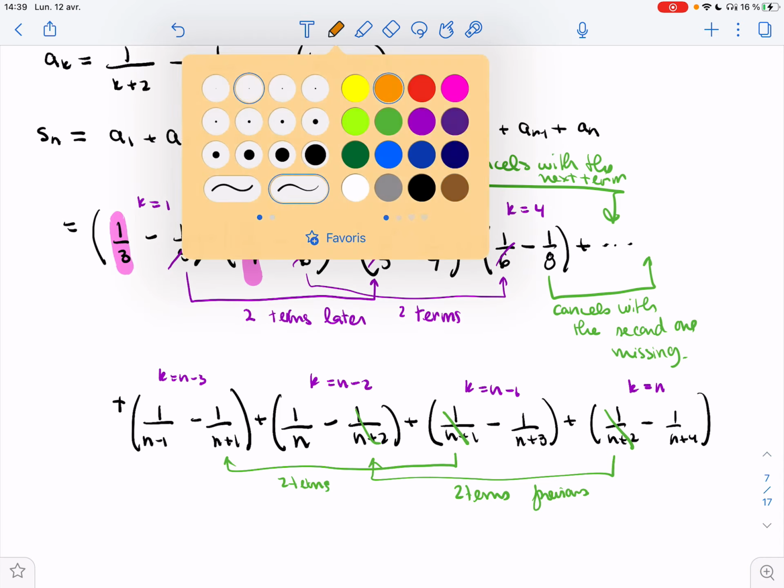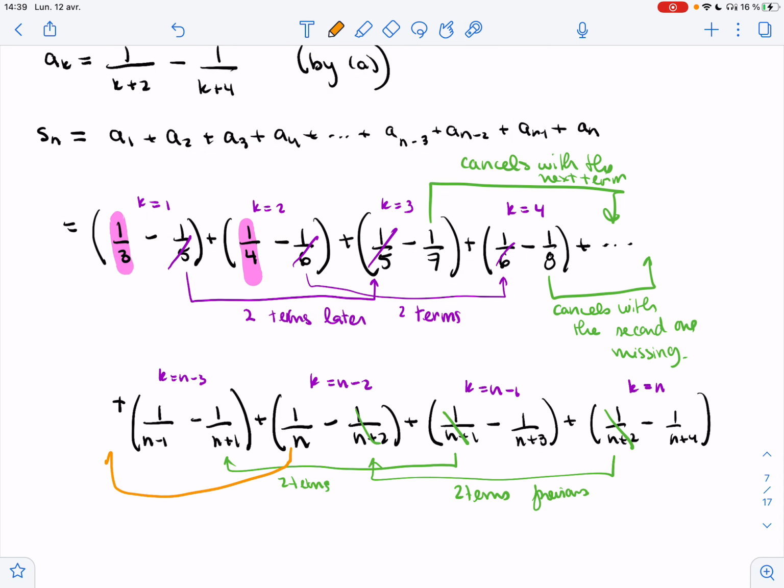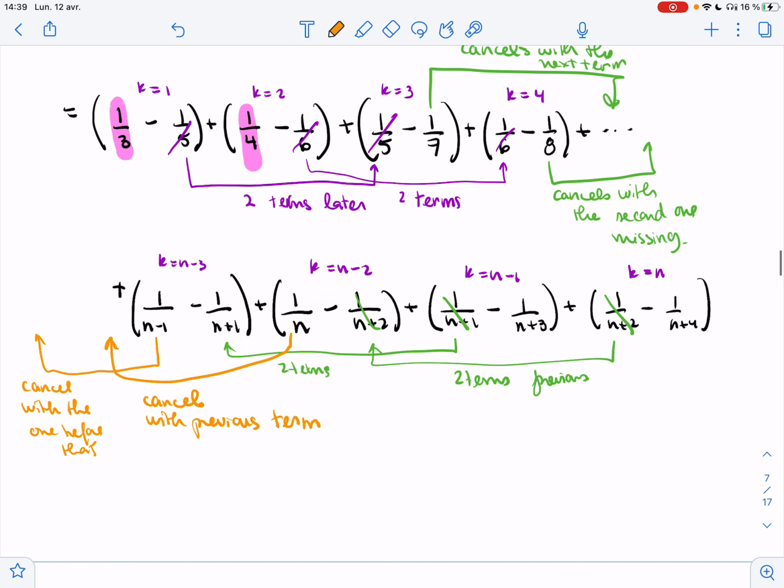So n plus 1 will cancel with the previous term, and n minus 1 will cancel with the one before that. All right, so what's left? Well, I have 1 over n plus 3 and 1 over n plus 4.